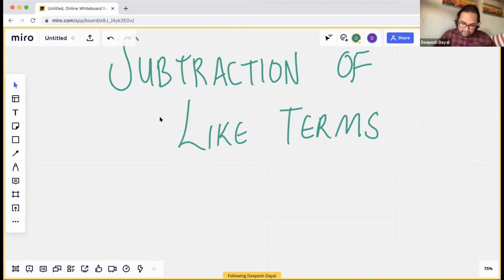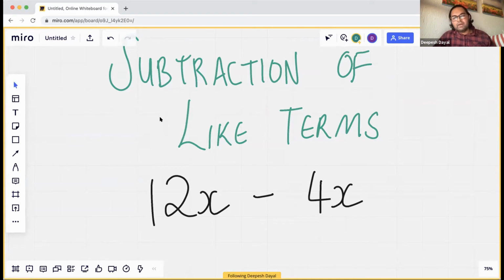So let's look at an example. 12x minus 4x. What does that give us? 8x.